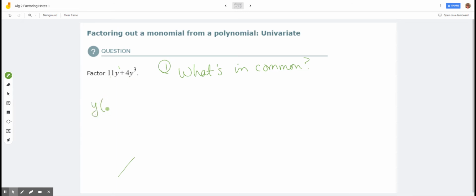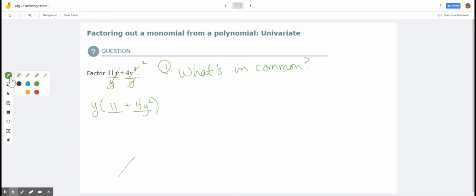But to know what goes inside here, by the way, if you are factoring a binomial, two pieces, you will get a binomial here. And the sign stays the same unless you pull out a negative, then it switches, but we're not there. So you divide both of these by y, and you get 11, and y goes into y cubed, 4y squared.